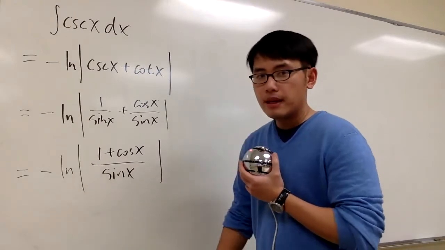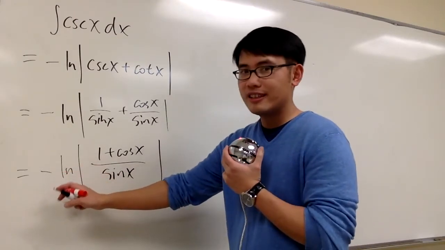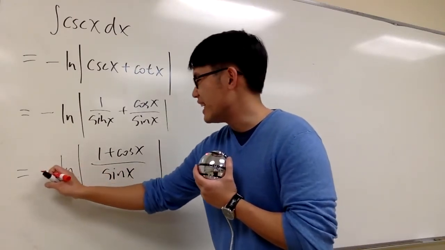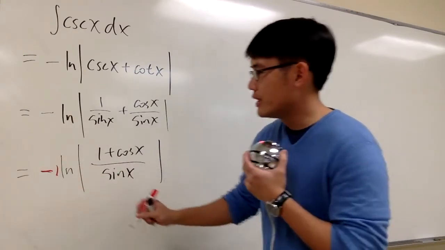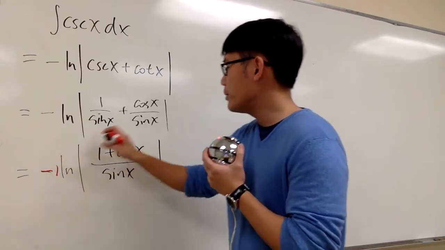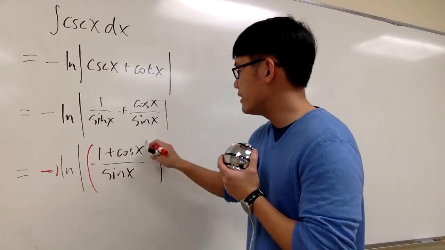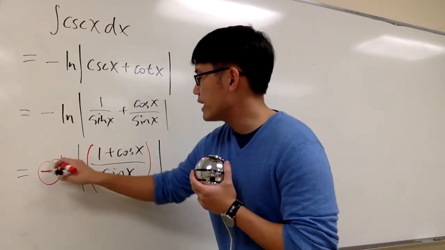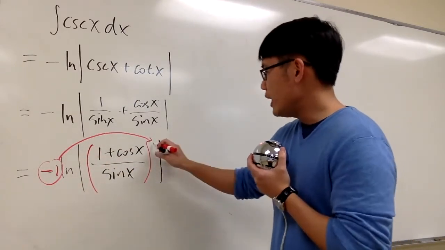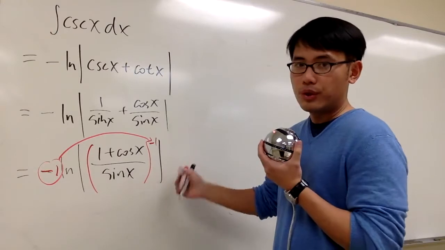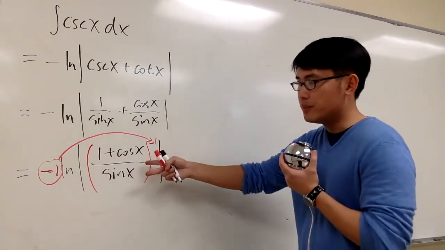Okay? And now let's look at what we have in front. This is negative. This is like negative 1. By one of the ln properties, we can take this up to the exponent. So let me just look at this as a quantity and then bring the number up to the exponent. So if you have the negative 1 right here, we can just take the inside and flip it.